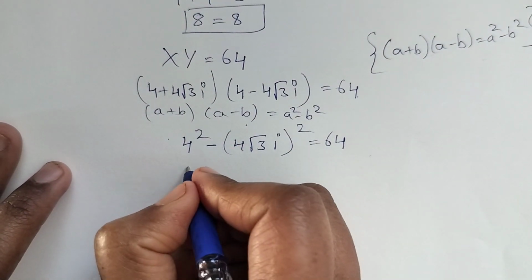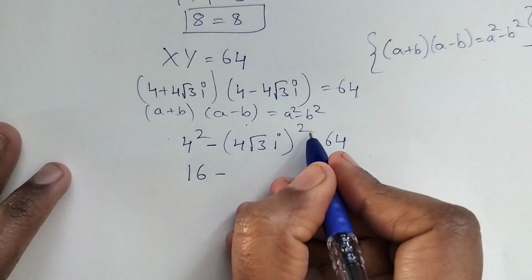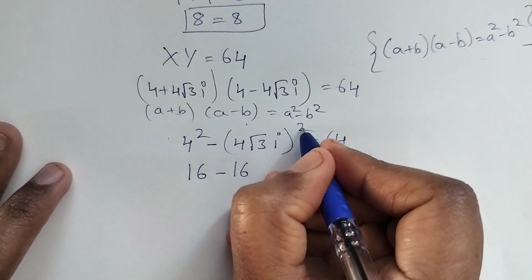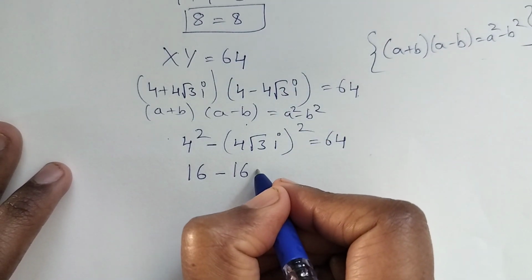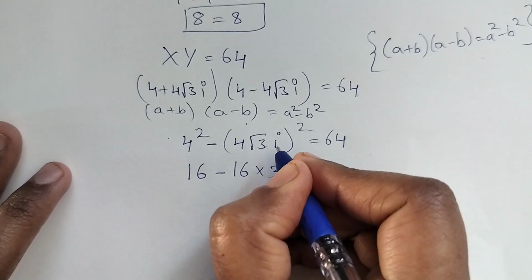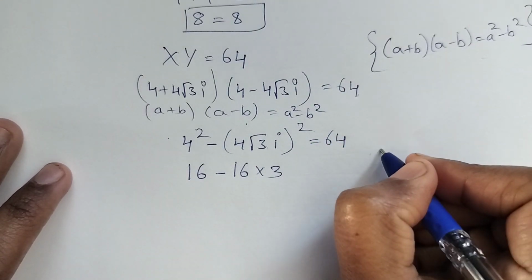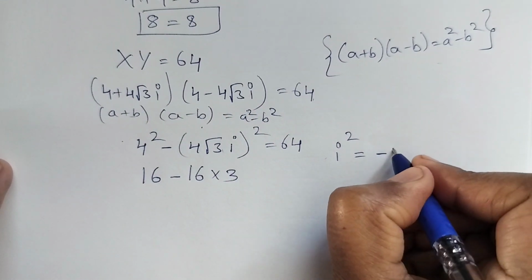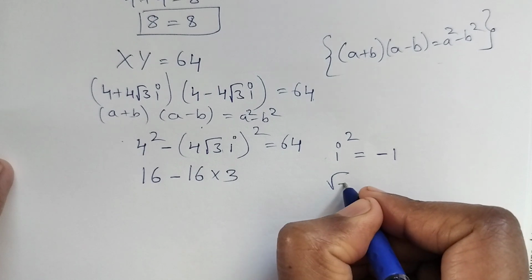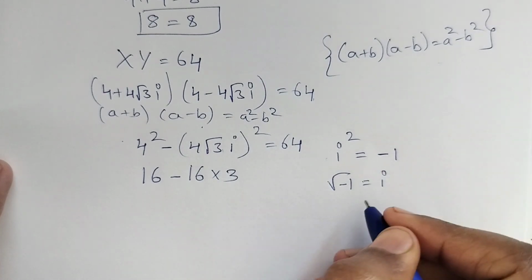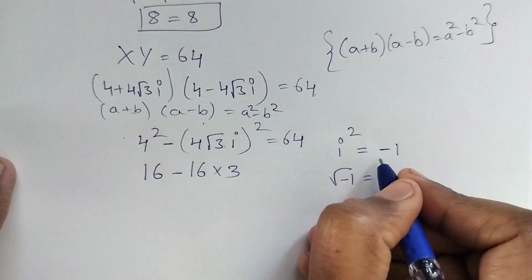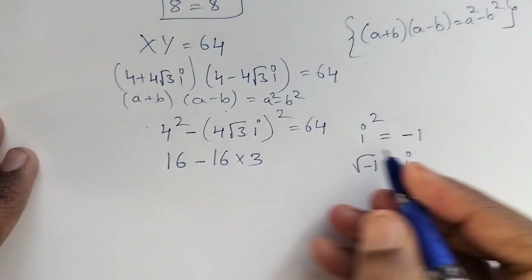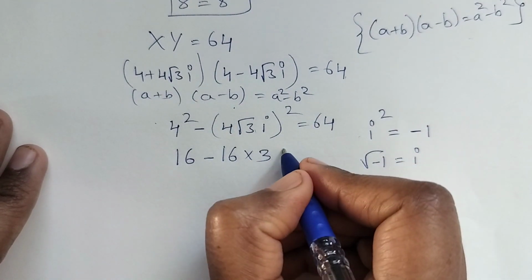Now 4 square is equal to 16, minus (4 square is 16), and the square root gets cancelled, so it will be 3. Here i square is equal to minus 1, because the square root of minus 1 is i. So in place of i square we write minus 1.